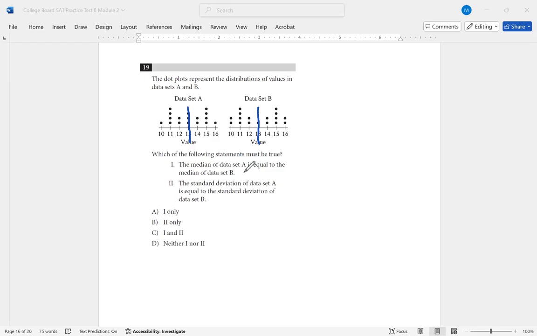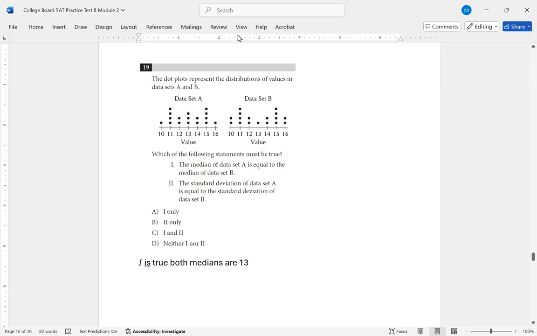And so option 1 is true. Both medians are 13. So let's write that down. 1 is true. Both medians are 13. Good. Now let's talk about the standard deviation.